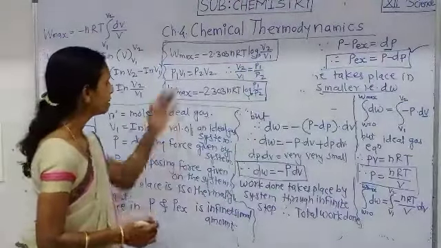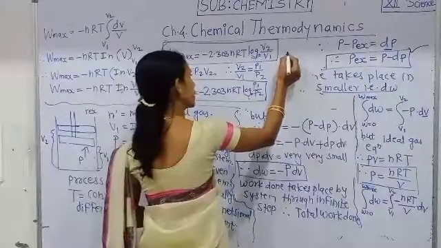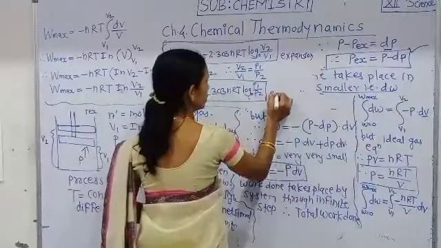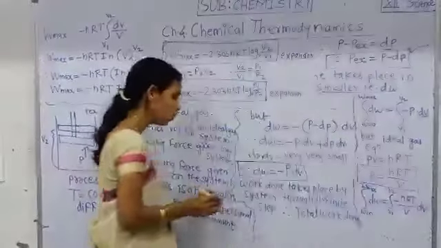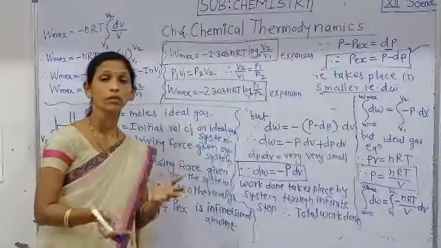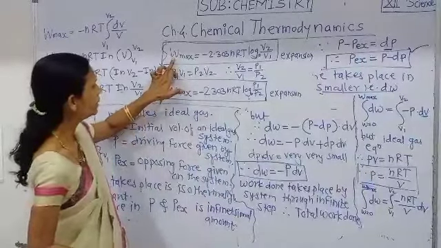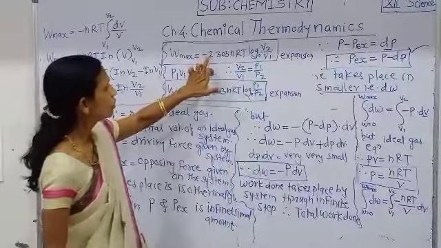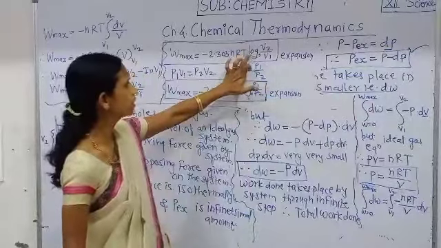That equation is obtained because the work done takes place by expansion. If the same maximum work done takes place by compression, when the work is done on the system, then we can write the same expression as W max is equal to 2.303 nRT log of V2 upon V1 to the base 10.